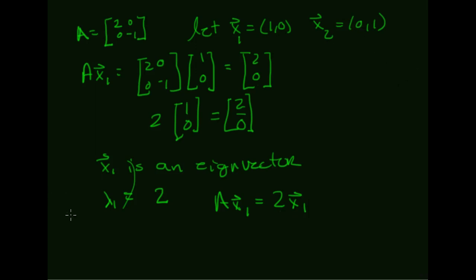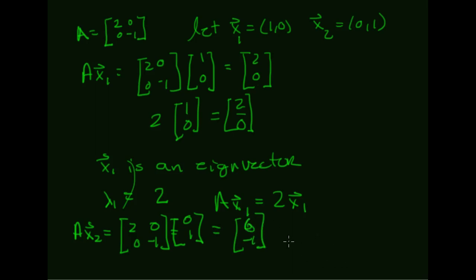If I take A times x2, that's [2, 0; 0, -1] times the vector (0, 1), and that happens to come out as (0, -1), which means that A times x2 is equal to negative 1 times x2.